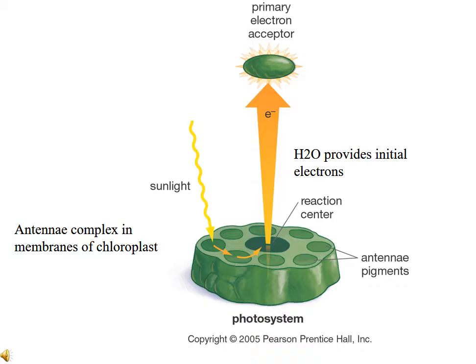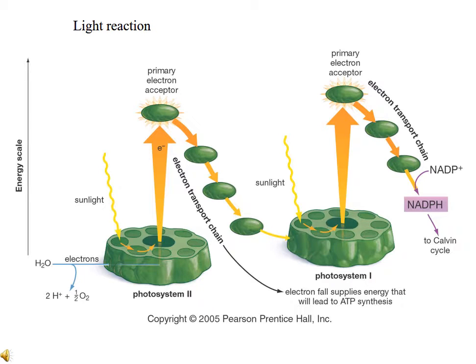So what? So that's great. Now we have a bunch of electrons that are all excited, and something's going to happen with them. Now, if we continue to look at this process, the light reaction, the photosystem grabs a bunch of electrons, shoves them up to high energy level, and then these electrons that have lots of energy are bounced down the electron transport chain, very much like you saw in mitochondria.